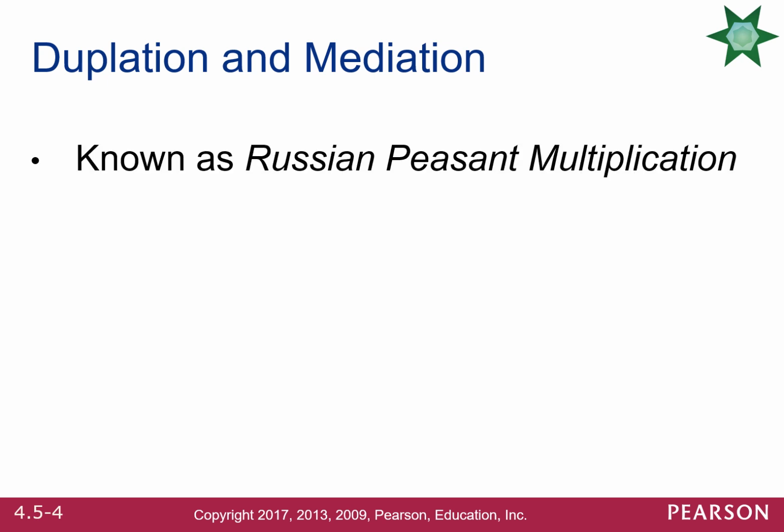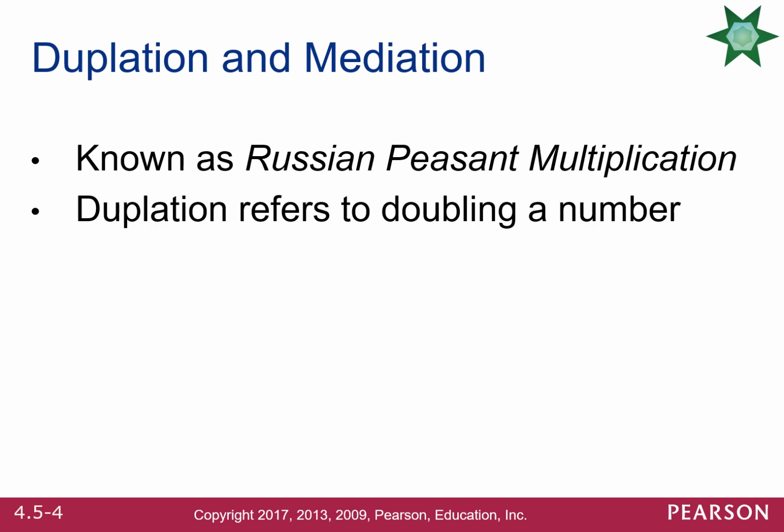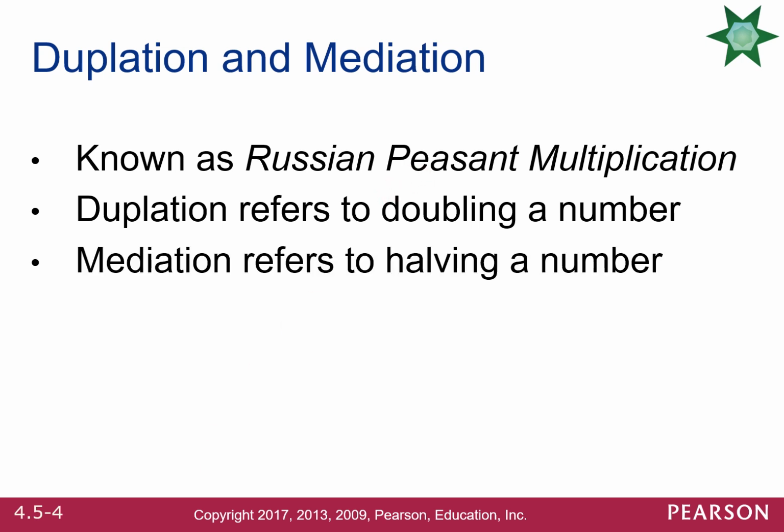A little bit of history. It is also known as the Russian peasant multiplication. As I said before, duplicity refers to doubling a number. So you will see in the process we will be doubling, that means multiplying by 2 a certain number, and the term mediation refers to halving a number, that means dividing the number by 2.